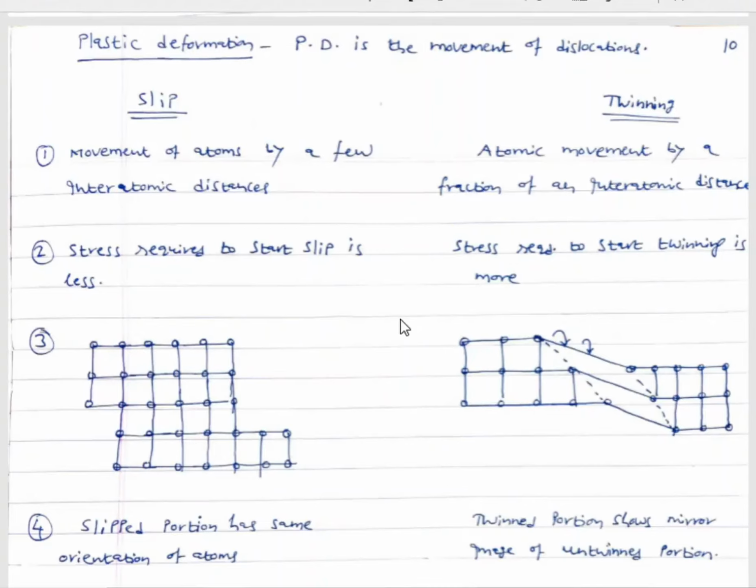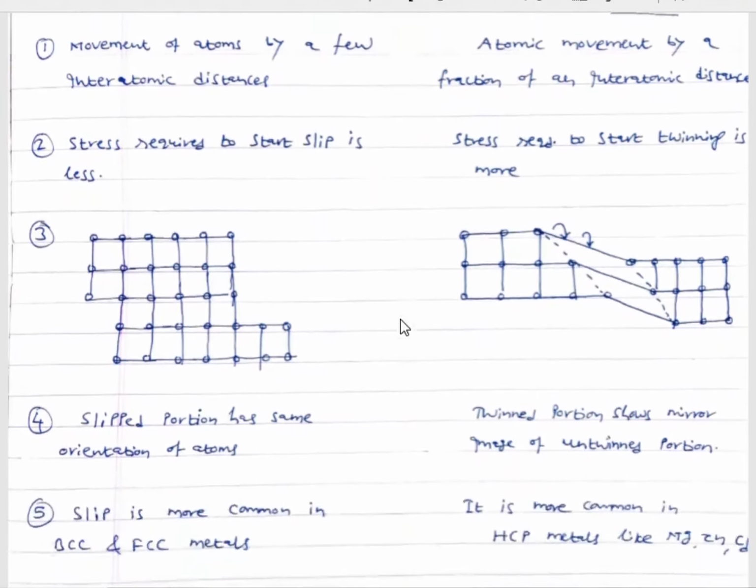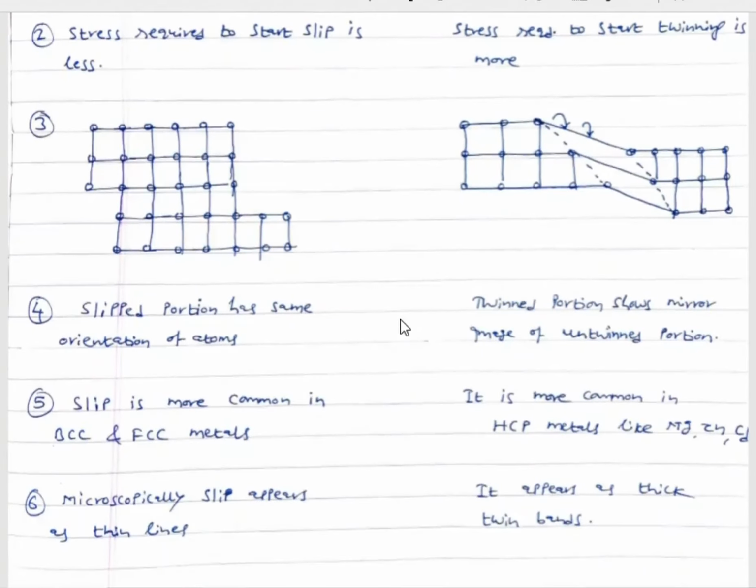Point 3 gives us the information about the difference between slip and twinning. How can we demonstrate the atomic movement in case of slip and in case of twinning? In slip, the slipped portion has the same orientation of atoms, while in twinning, the twinned portion shows a mirror image of the untwinned portion.